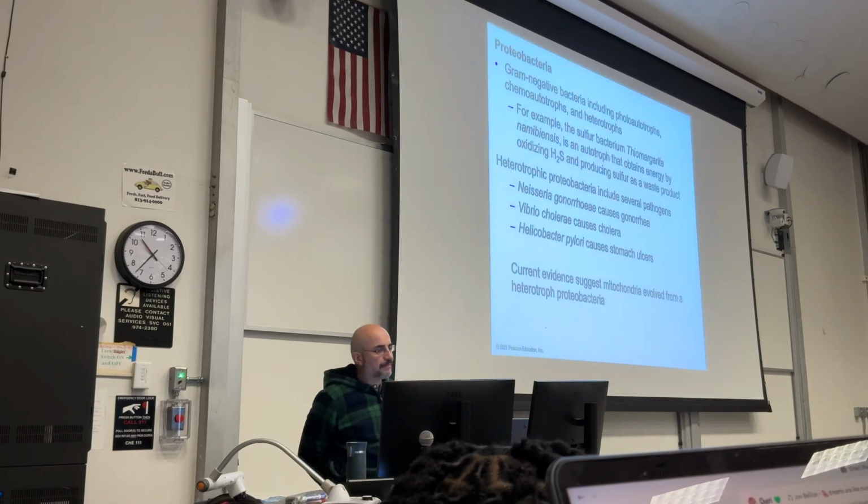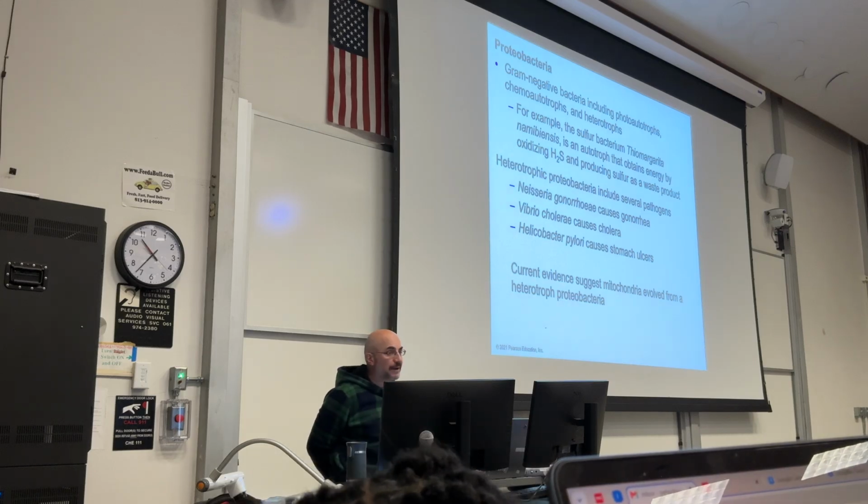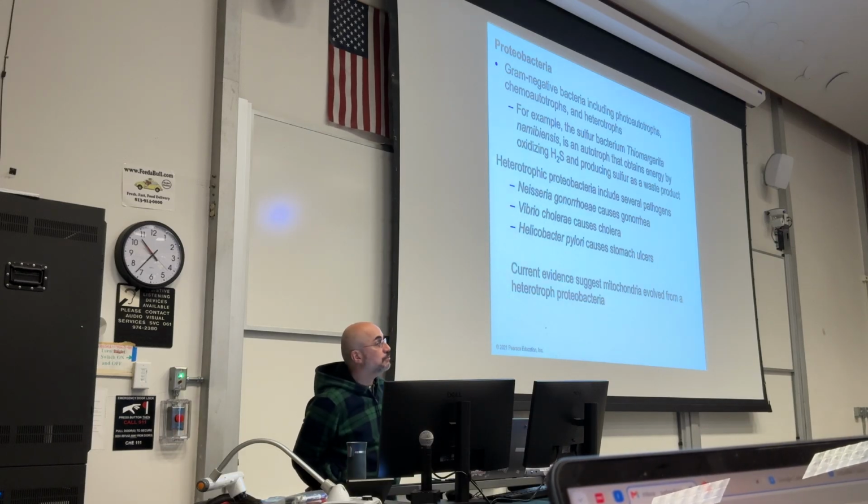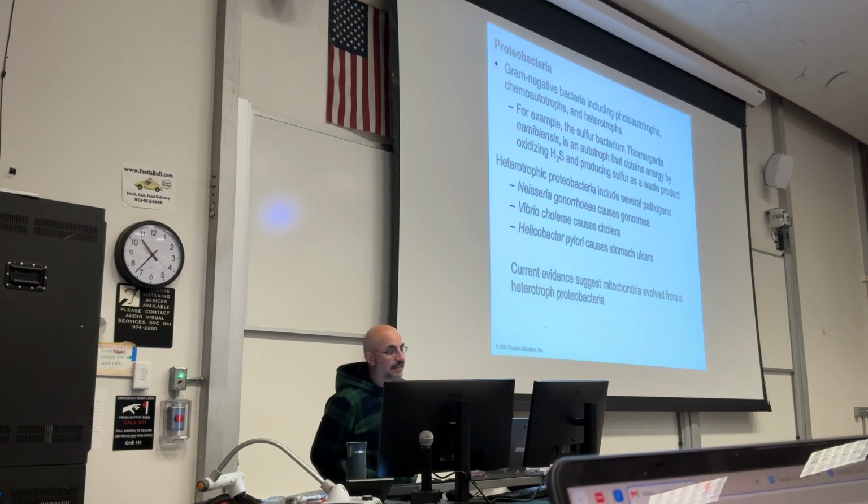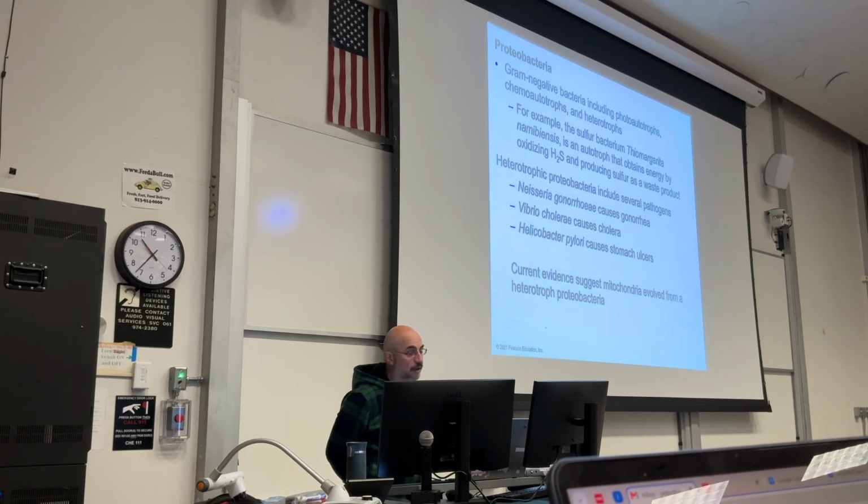Now we have heterotrophic proteobacteria that include many pathogens that are famous for all of us. One is Neisseria gonorrhoeae that causes this venereal disease known as gonorrhea. Then we have Vibrio cholerae that causes cholera, so some type of food poisoning.